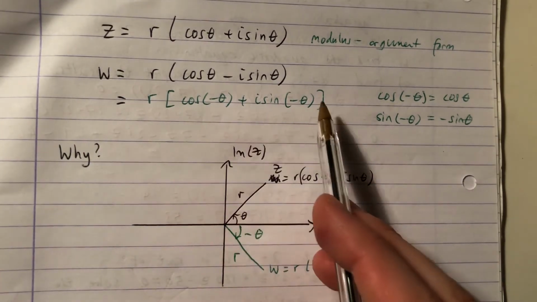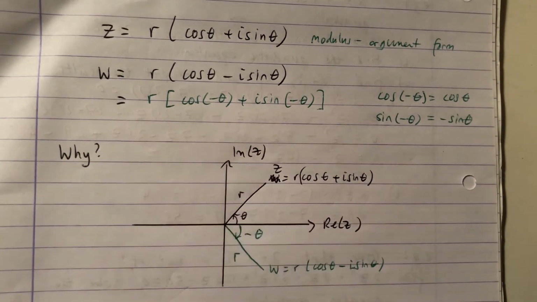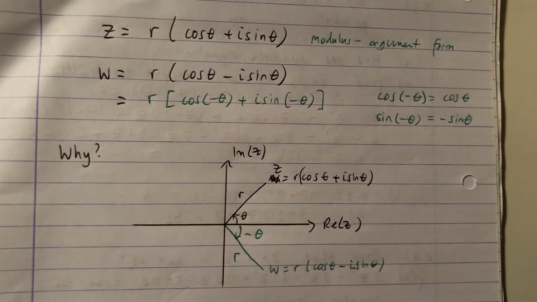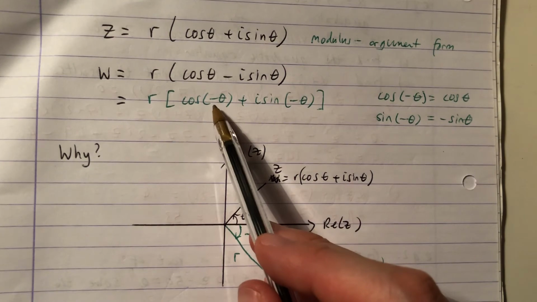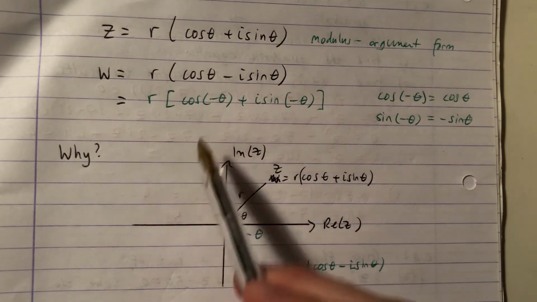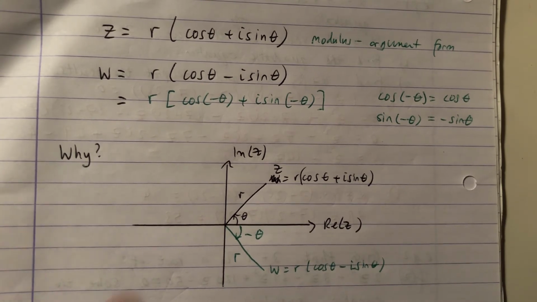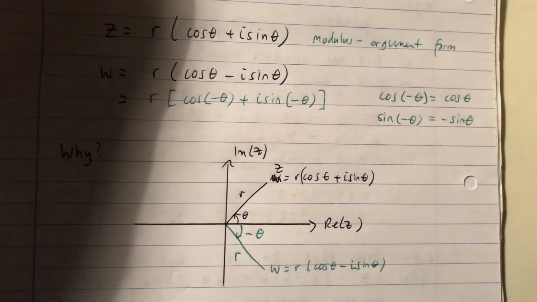And that's why that's minus theta in both of those from a geometric point of view. r is exactly the same, because that's a positive length, it doesn't change. The angle is theta below the axis now. That's why you change the sign to a minus theta, because it's going clockwise instead of anti-clockwise. Hopefully that makes sense.